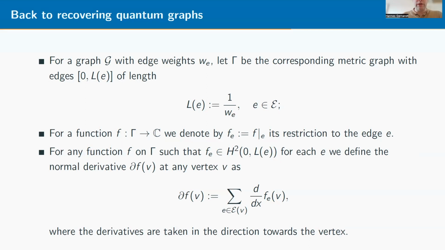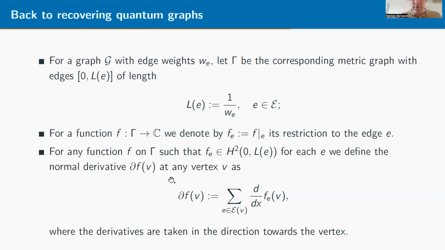And we can also consider functions on this metric graph in a natural way. And typically, we are interested in considering functions from H^2, so twice weakly differentiable with derivatives in L^2. That's a typical space, because we want to consider minus the second derivative there.